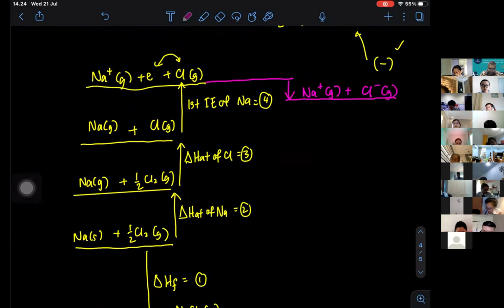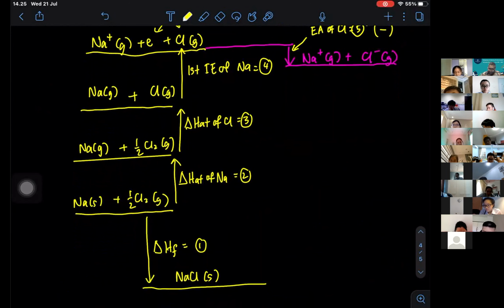This is represented by my electron affinity of Cl. I'm going to give it number 5. What is next? You extend this from here to here: Na plus gas and Cl minus gas to give you NaCl solid.